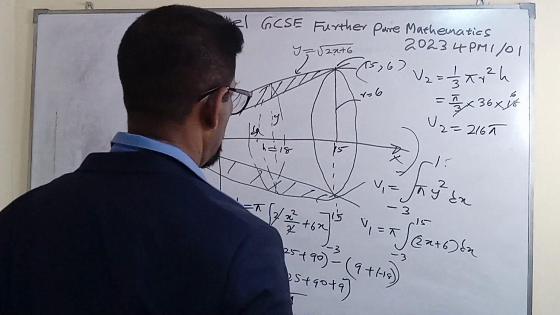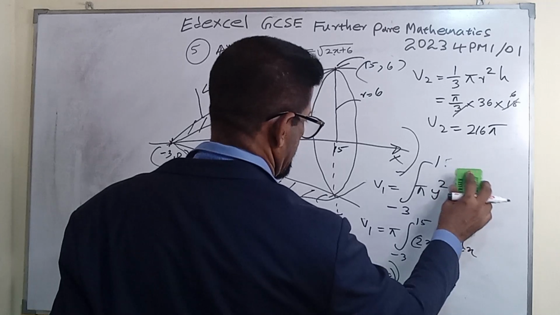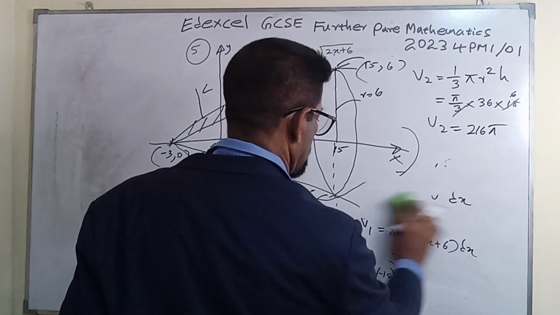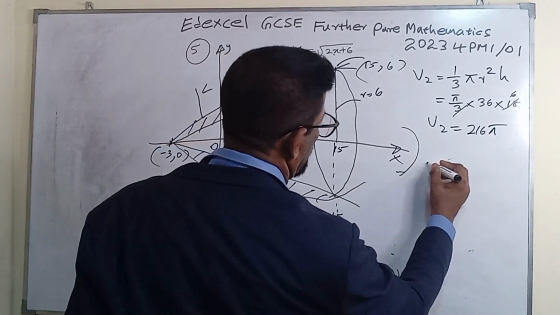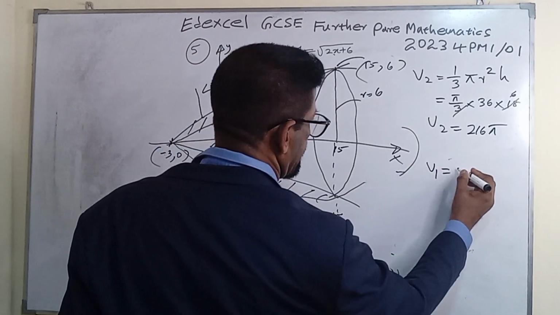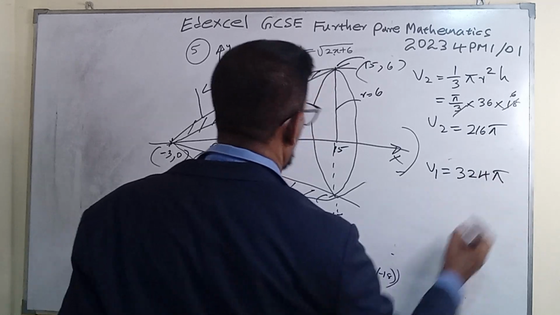Right, so now we are going to erase this. V1 is 324 pi.